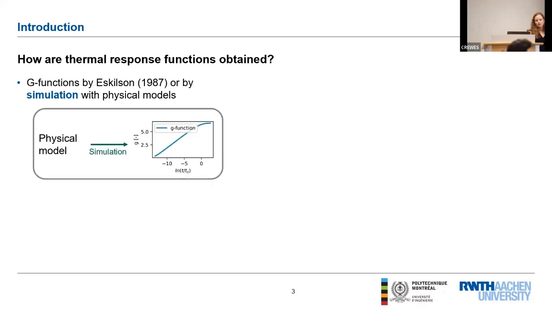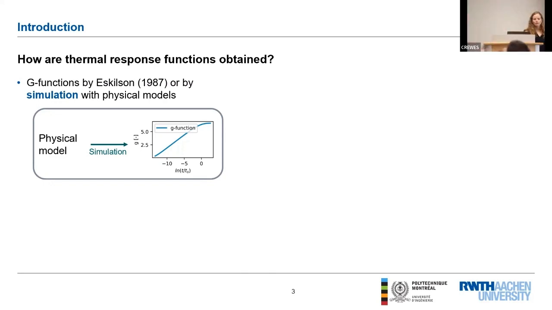And this way he published a catalog of different G functions specific for borehole field configurations. The G functions by Eskilsson are only valid for longer time steps and cannot be used for time steps below a couple of hours. But any physical model can be used to obtain those functions. And in recent years, there have also been methods published to obtain short-term G functions.